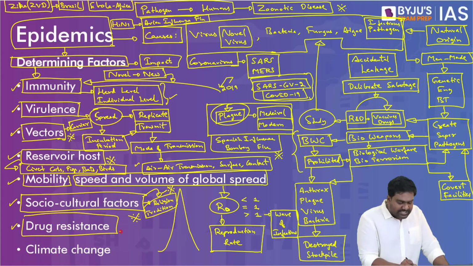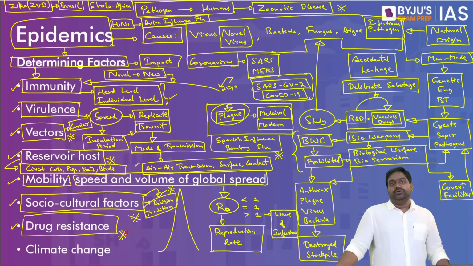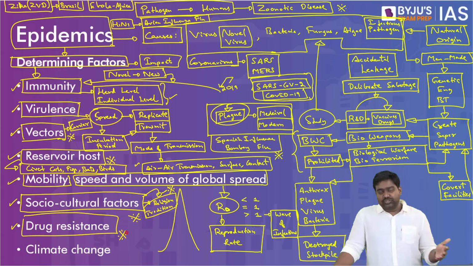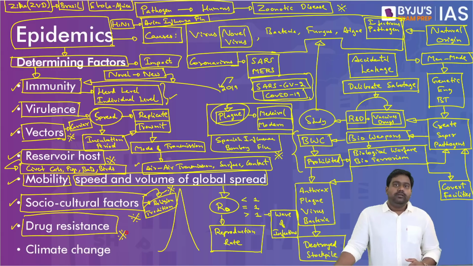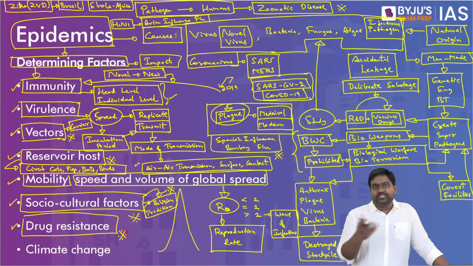Next, drug resistance also plays a role. Since we have abused, overused drugs, antibiotics, self-medicated ourselves, our bodies and even pathogens would have developed a certain degree of resistance against the first line and second line of drugs that we have. Take antibiotics, for example, right? In countries like India, where we pop pills on our own as if it's candy, right?